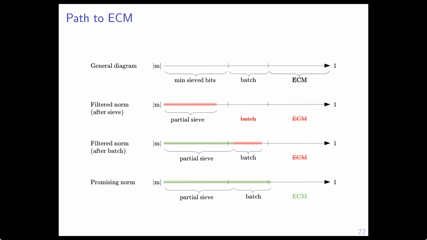If we are unlucky and after the partial sieve we do not find enough factors, we remove it. If we are lucky, then we get a promising norm. We send it to batch factoring, and we have another step of filtering. If the batch does not find enough factors, we remove it. If it finds enough, then we have a promising pair. So we have two filters, which speed up the sieving.